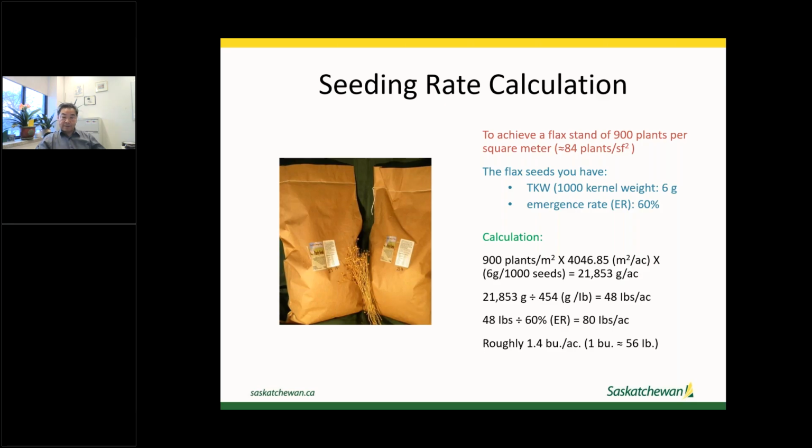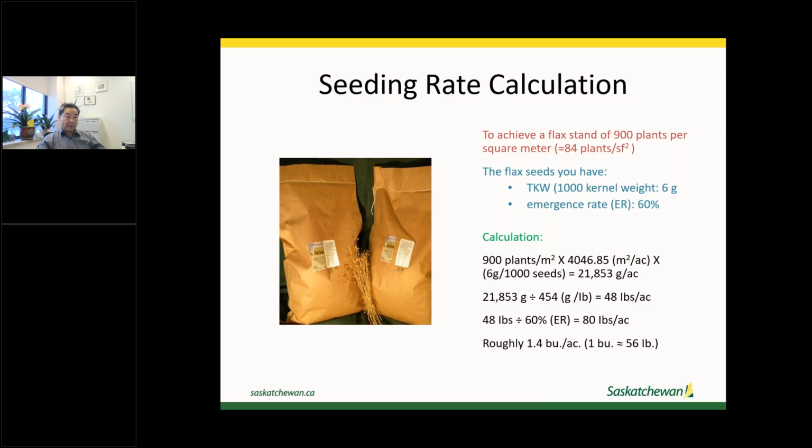So the calculation, step 1, is to figure out how many grams of seeds are required for an acre. So 900 plants per square meter times the total square meters in an acre, that is 4,046.85, and it is equal to 21,853 grams.